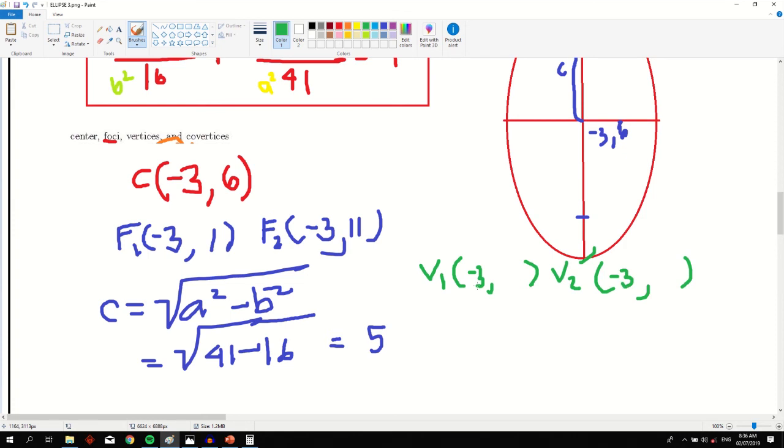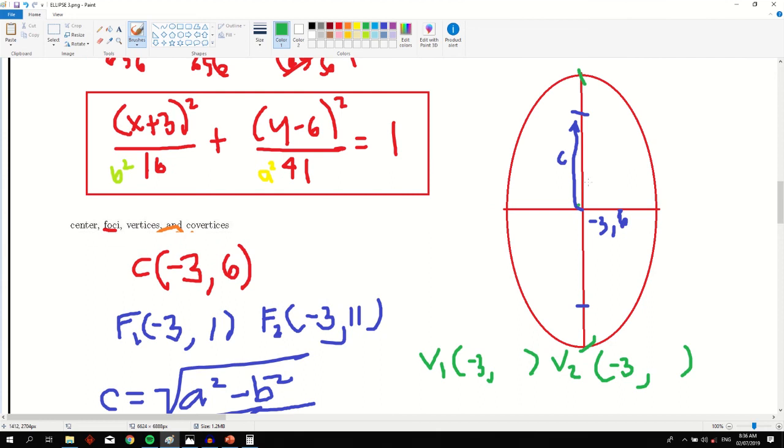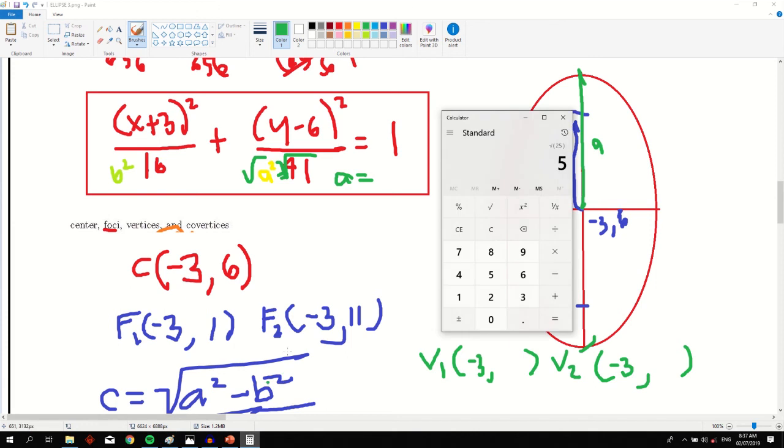Okay, then what's next? We will get this distance from the center to here. So we all know that that is a. So we have here a squared, a squared equals 41. We square root this, so a is equal to, to make sure, we'll calculate the square root of 41.